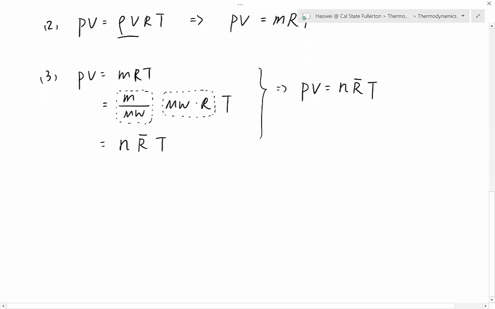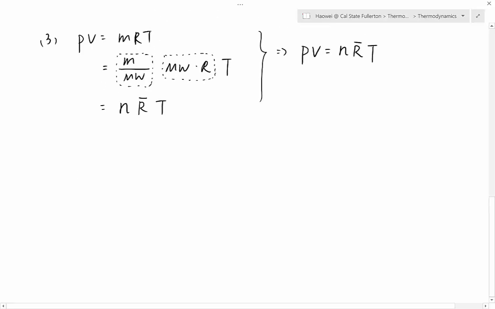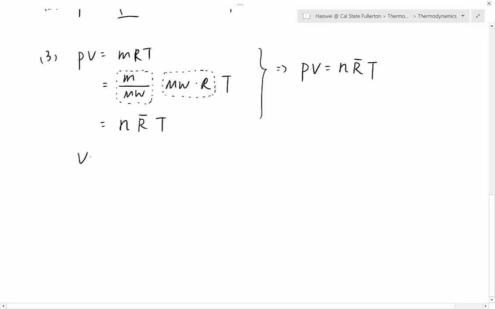First of all, V in this equation means volume. And the SI unit for volume is cubic meter. And then N in this equation stands for molar number.